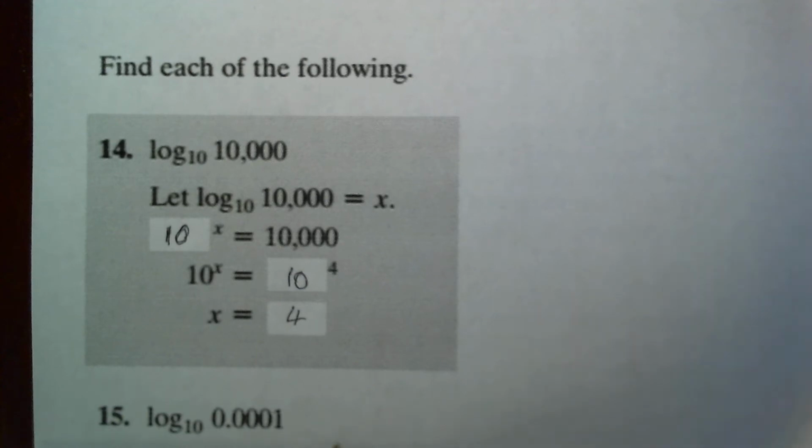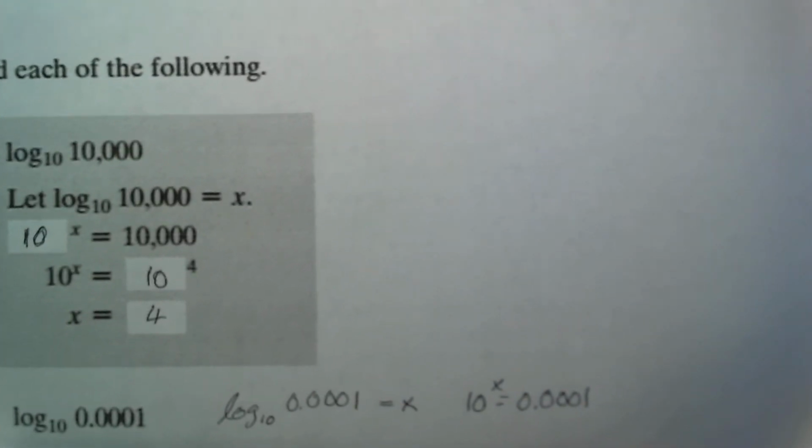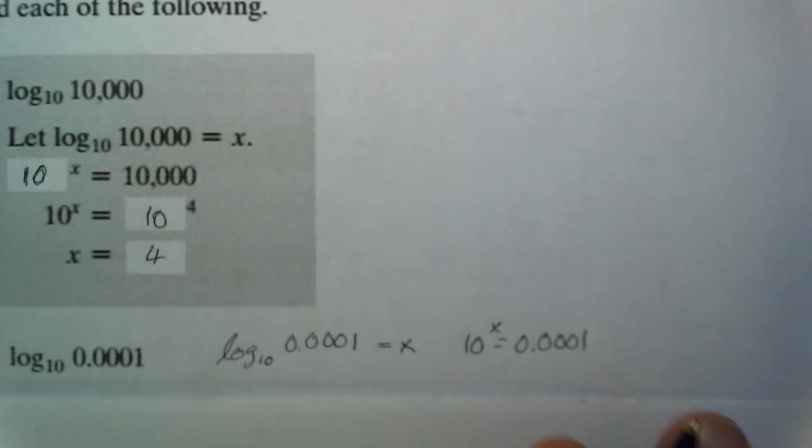Similarly, for number 15, we let the log base 10 of 0.0001 equal x. So that means 10 to the x equals 0.0001, and that can be written as 10 to the minus 4.